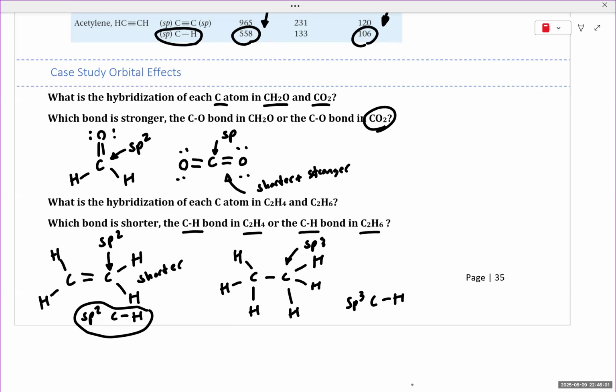So this concludes chapter 1. We've gotten really familiar with drawing structures, portraying structures using bond line, condensed structure, and other methods of structure notation.